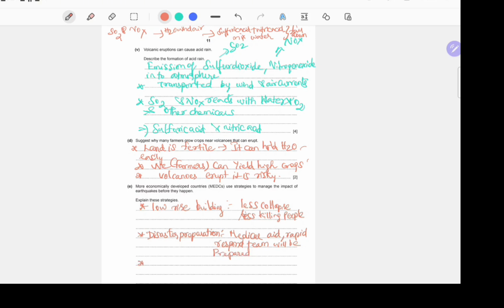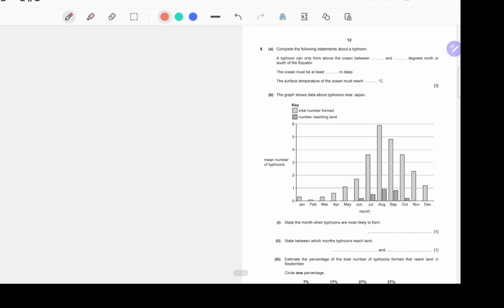Then what we can write, evacuation they will do properly because they know it before, so preparations are made. So it is in a controlled way, so prevention of diseases will be there. Okay, these are the points I am using here.